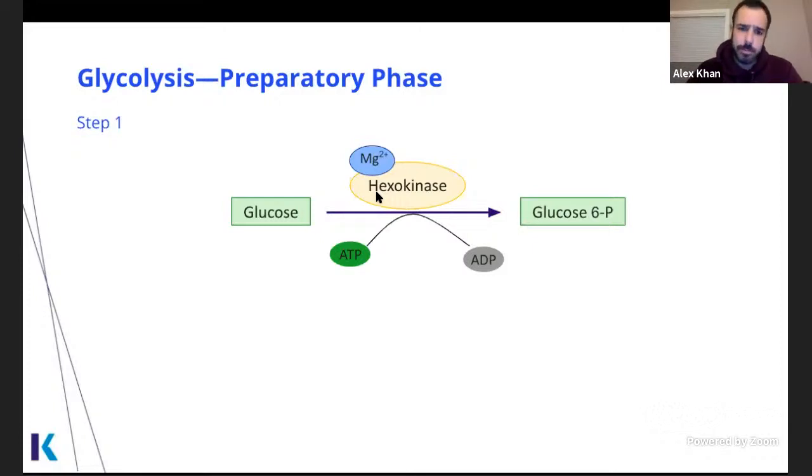Cool. Furthermore, we see this weird little Mg2+. Many of the enzymes that are involved in cellular metabolism require divalent metal cofactors. In this case, hexokinase uses magnesium. The exact specifics of why this is important are beyond the scope of the MCAT. Let's just say, for our overall understanding, that phosphate has lots of oxygens, and these oxygens carry lots of electrons and negative charge.